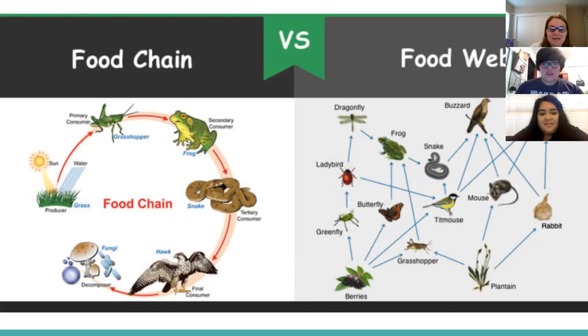There's not a lot of arrows. Right, absolutely. Did you have something else to add on to that, Wendy? I was just going to say, like you said, in the food web, they're just transferring their energy. Yeah. And in the food chain, they're actually consuming each other. Well, in both of them, they're transferring energy, but yeah, you've got different animals that consume each other in both.